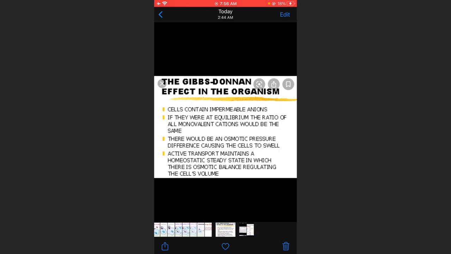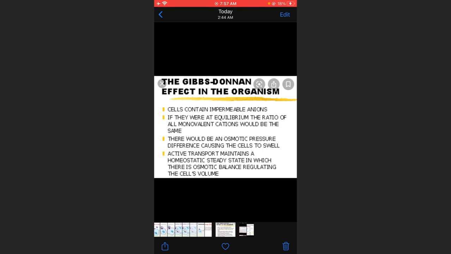And what is the importance of this Gibbs-Donnan membrane equilibrium? As we know, the cell contains impermeable ions. Impermeable ions are those that cannot pass through the semi-permeable membrane. If they were at equilibrium, the ratio of all monovalent cations would be the same. Therefore, there would be an osmotic pressure difference.